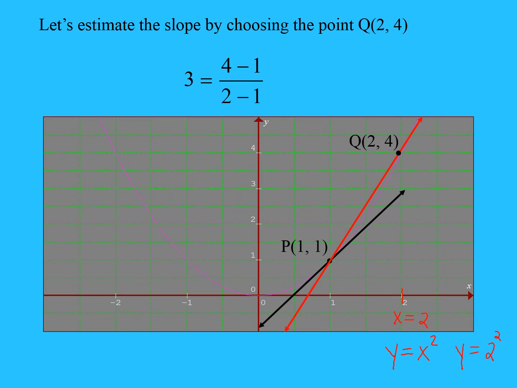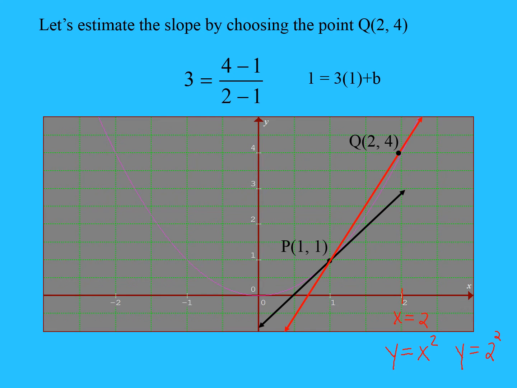Now we can use the slope formula to calculate the slope of that secant line. We plug in the values, 4 minus 1 all over 2 minus 1, and we get a slope of 3. Now we could actually come up with the equation of that secant line.